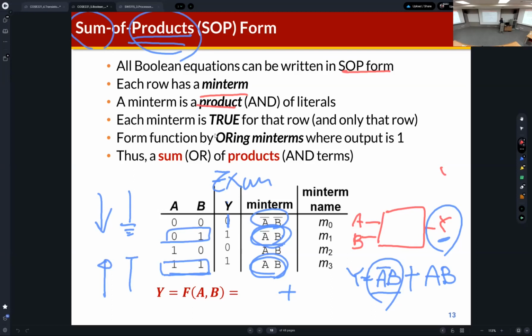How do we implement sum of products? You can start from the truth table. What is the truth table? A truth table defines all possible digital inputs, and the outputs are defined based on the input digital signals.